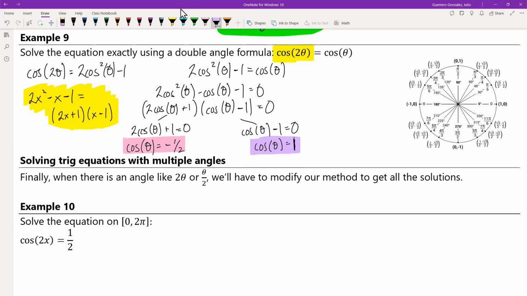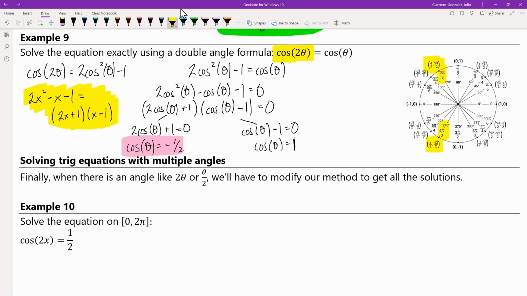Let's start first with this one. When is cosine of theta equal to negative 1/2? Cosine is the x, so there should be a handful of answers. In particular, there should be two. There's going to be 2 pi over 3, if you look at the coordinate there, and then 4 pi over 3.